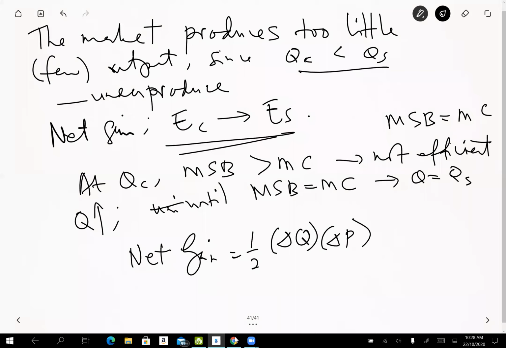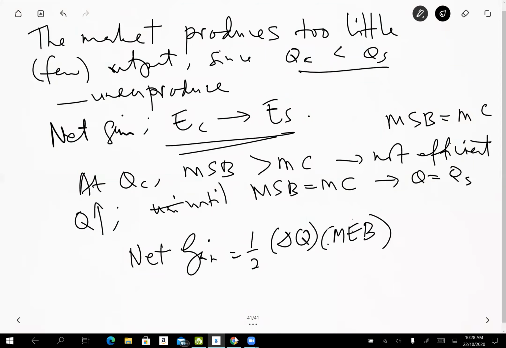It's not actually change in the price. Remember the one that we were doing? It's multiplied by the marginal external benefit. I'm sorry, it's not change in the price. That is the market welfare gain. Change in Q multiplied by the MEB.